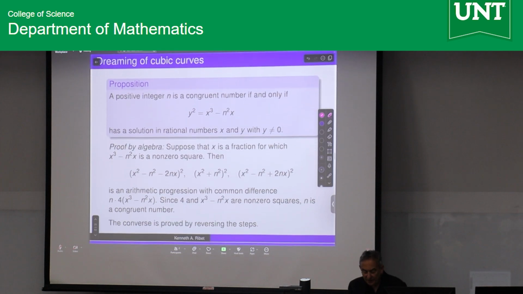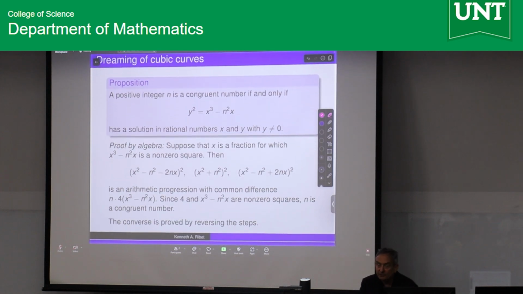The first thing I want to tell you, which is just simple high school algebra, is that a number n is a congruent number if and only if this elliptic curve has some points other than the ones on the x-axis. And the reason for that, as I alluded to, is just complete algebra. If you have a solution x comma y, then you can write down 3 squares of rational numbers where the difference between the second and the first is equal to the difference between the third and the second.